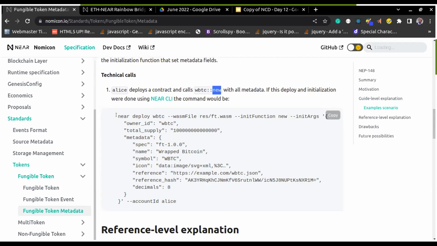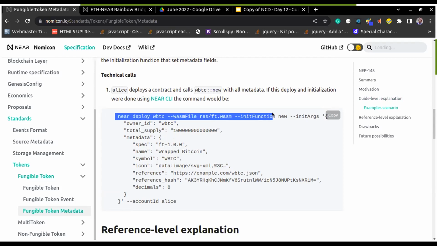So in this case, you can ignore. I just want us to have a look at, or rather draw attention to, the information contained in the metadata. So this is just a command, near deploy to this account. The WASM file is that.